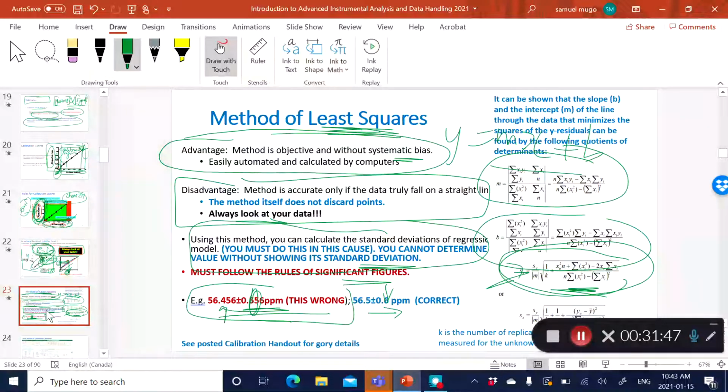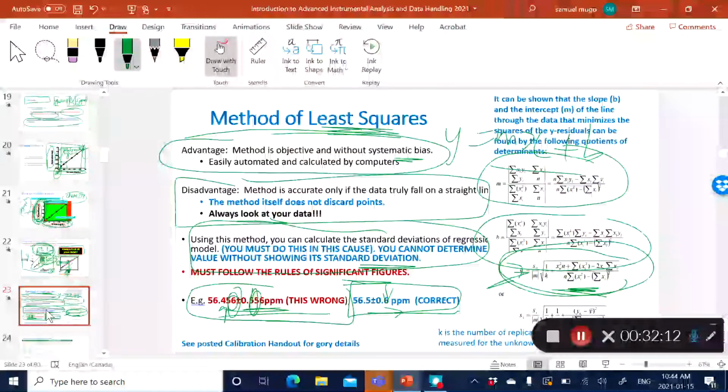Remember, standard deviation gives you uncertainty. So beyond that number, you're very unsure of what those numbers really mean. That's the correct way of representing your data, using the correct significant figures. And I hope I'm fairly clear on that.